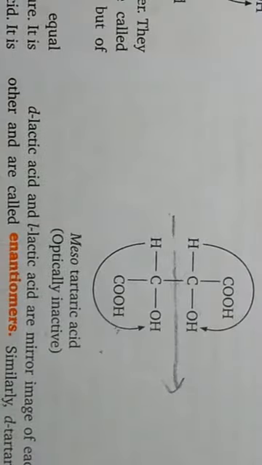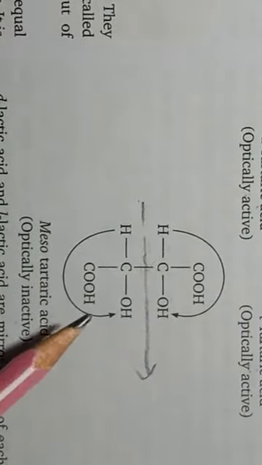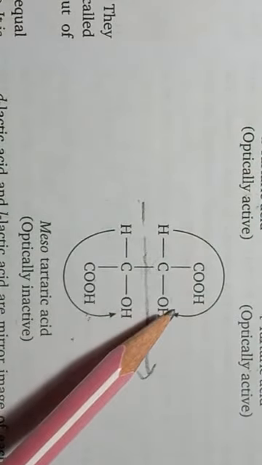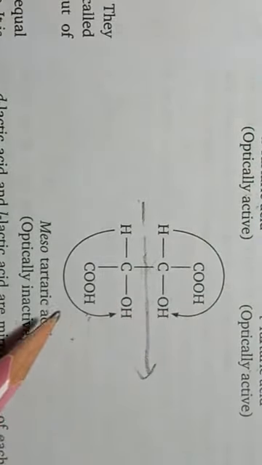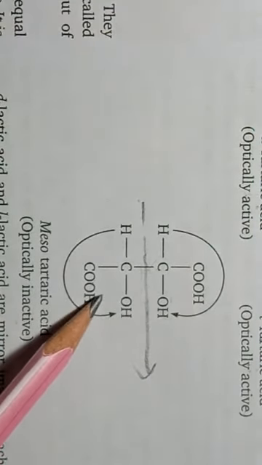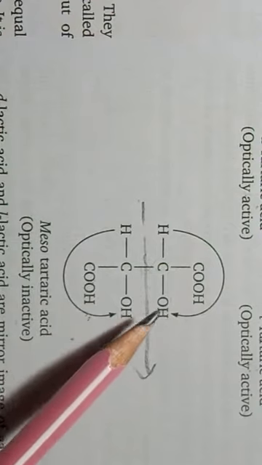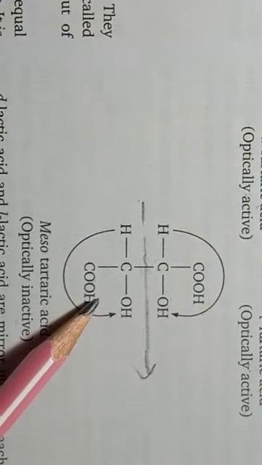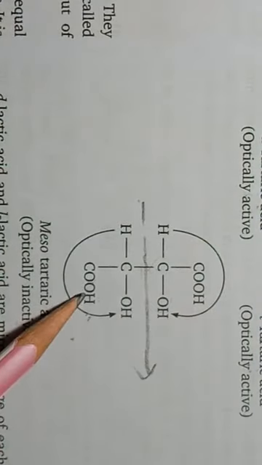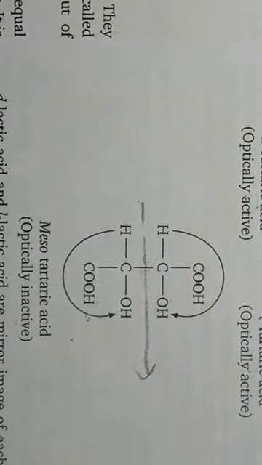And if in a compound 2 same parts of the structure are present, due to which the compound itself is non-optically active, such compensation is known as internal compensation.